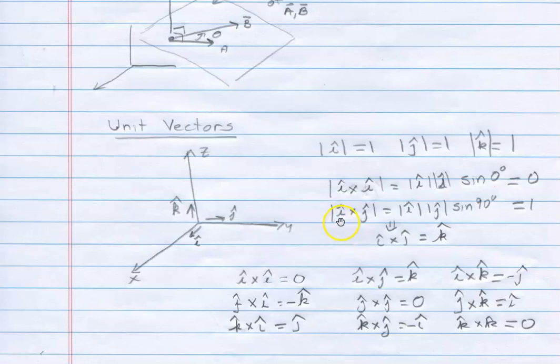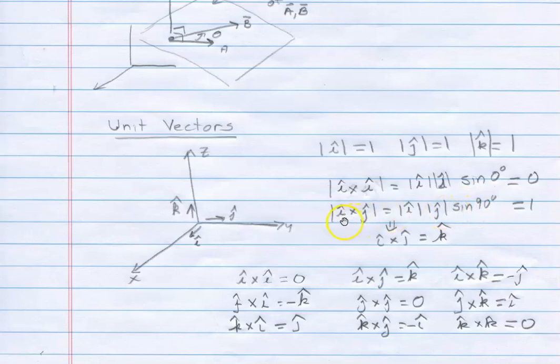Alternatively, if you have two unit vectors, i hat cross j hat, then the magnitude of it is the magnitude of i hat and the magnitude of j hat. Those are both 1 from above. And if you look at this, i hat and j hat, they're always at 90 degrees, and the sine of 90 is 1.